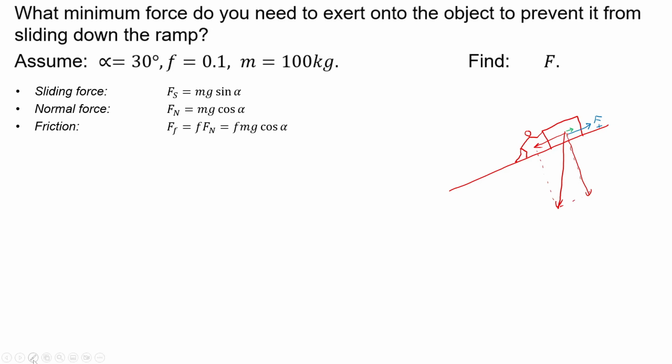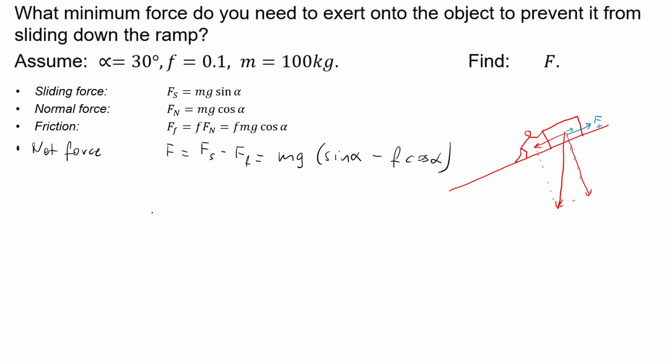And the basic maths behind it is that our net force, and again, if you don't know why, you should check the previous parts of this presentation, is sliding force less friction force, and this is mg sine alpha minus f mg cosine alpha.